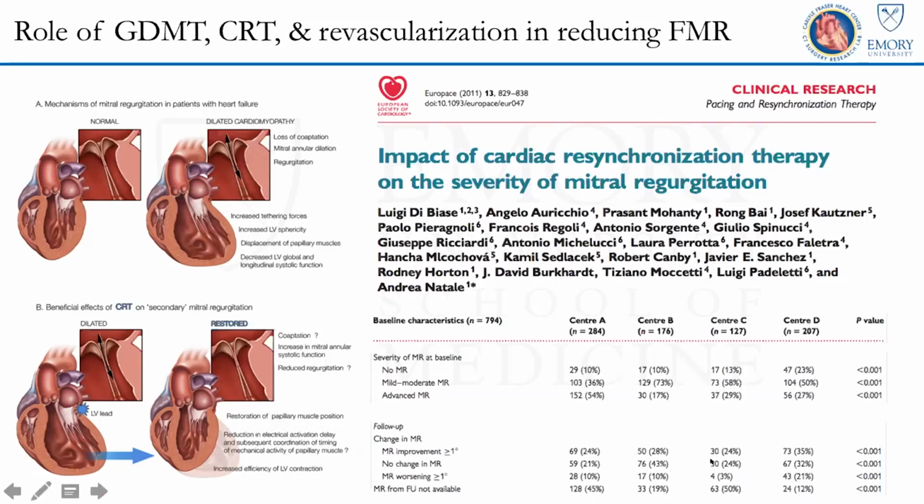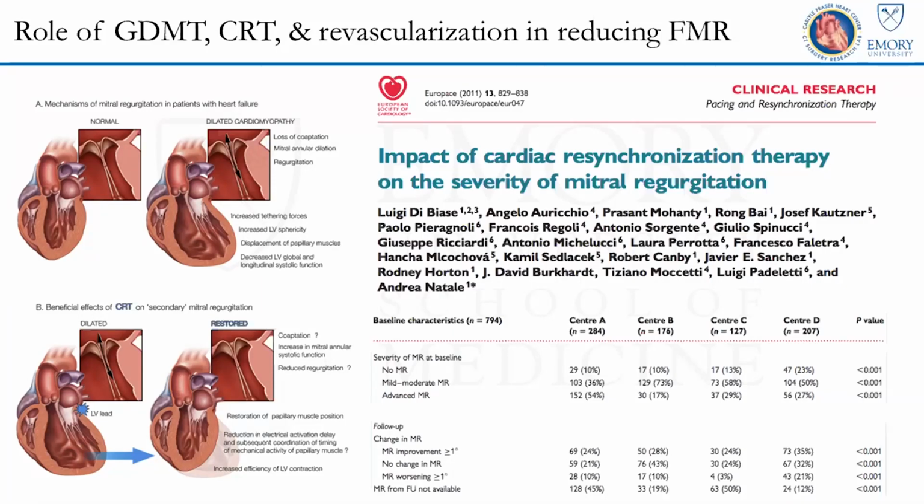What is interesting is that when you look at each of these centers, the baseline mitral regurgitation in a vast majority of these patients was in the moderate to severe range. And at follow-up, which was at 12 months, you would see that about 50% of these patients had neither change in their mitral regurgitation nor worsening of greater than 1 degree, whereas the other 50% had some improvement.